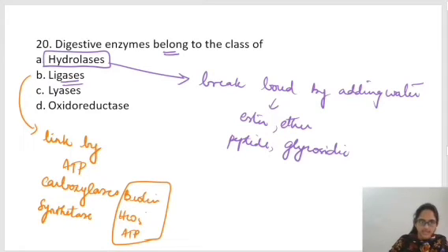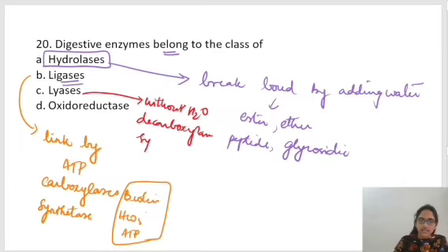Understood? What are lyases then? Lyases break bonds without adding water. Decarboxylases and synthases come under this category. These three enzyme classifications are a bit confusing, but you have to understand. Hydrolases break bonds by adding water.